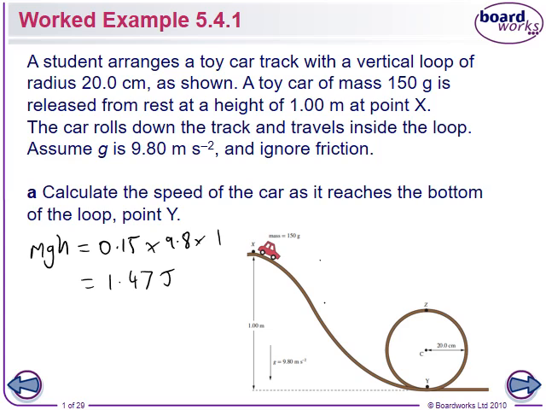So at the bottom, point Y, it has zero gravitational potential because all of this has become kinetic. At point Y, our kinetic energy is equal to 1.47 joules.